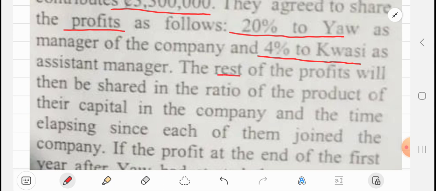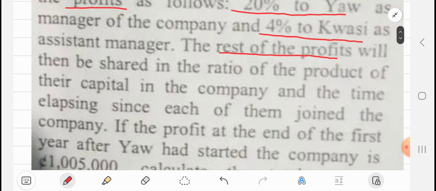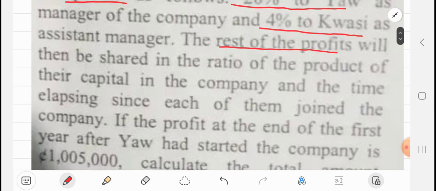So now we have the rest of the profits will then be shared in the ratio of the product of their capital in the company. Not only the ratio, but the ratio of the product of the capital in the company.